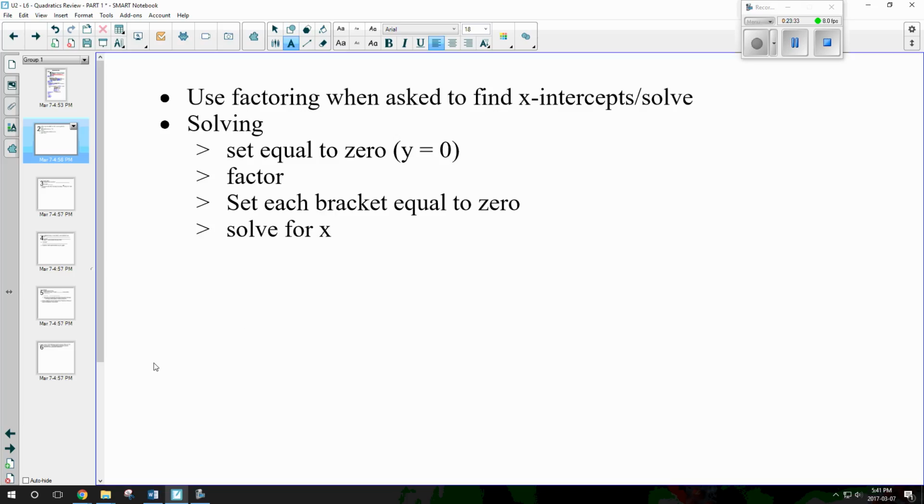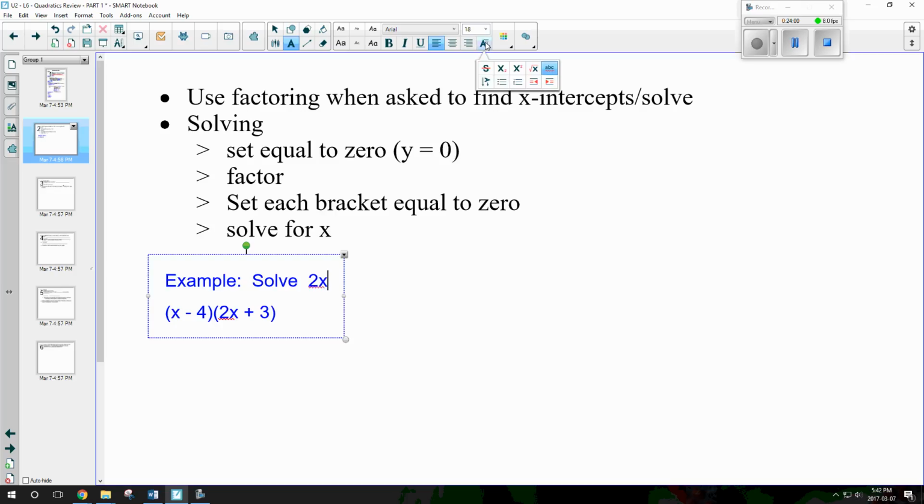We'll just use the example that we just factored. So our final answer for that one was the brackets x minus 4 and 2x plus 3. So in terms of our example, it would have asked you maybe just to solve, and it would have given us this equation here, our 2x squared minus 5x minus 12.